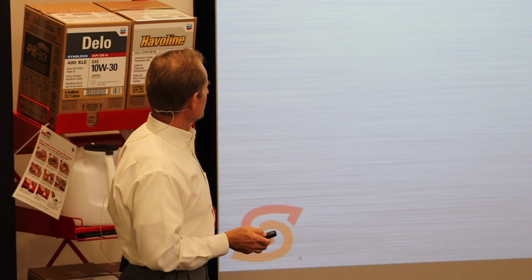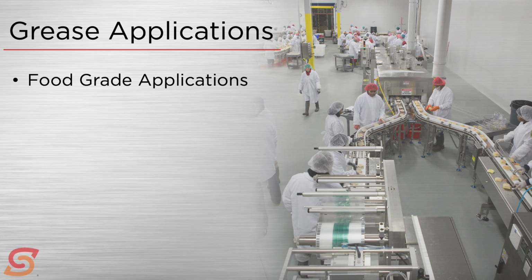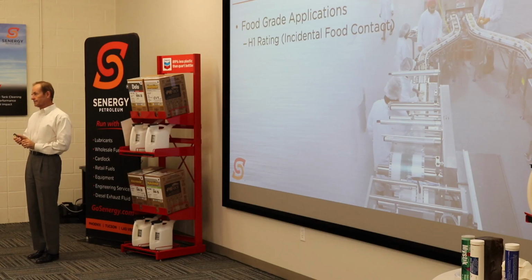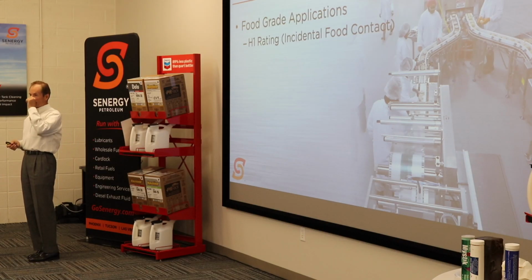All right, and I'll take a moment just to go over food grade applications, mostly because you just might want to know this. Not that anybody here's working in a bakery. Food grade applications, all food grade lubricants have to meet something called the H1 food rating, or the H1 rating, which is able to withstand incidental food contact. Incidental food contact means you're not putting it in your food, but if it contacts your food, it's not getting anybody sick.